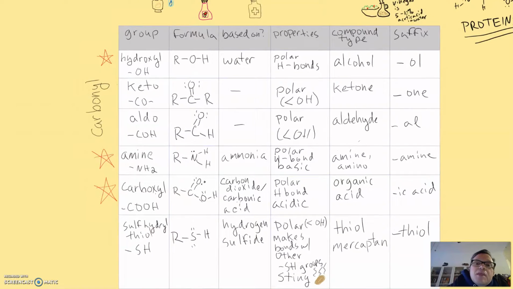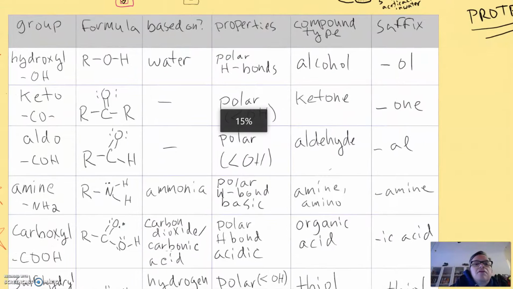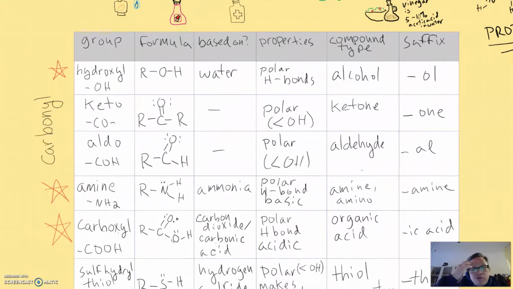All right, so functional groups all have names, and those names refer to a specific group of atoms that are going to be added on to the base molecule. Many of the functional groups are actually based on a simpler molecule. For example, the hydroxyl group, which is an oxygen and hydrogen connected to something.